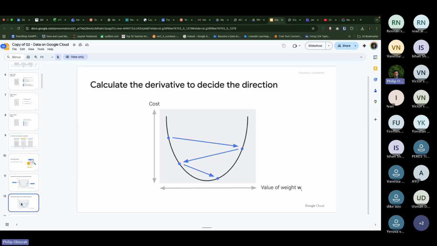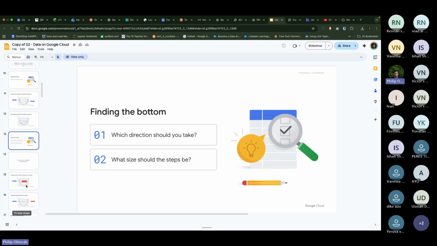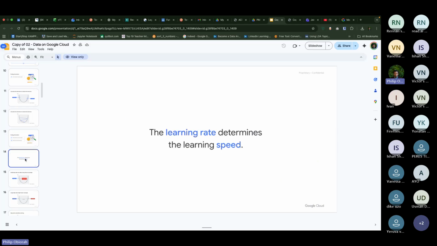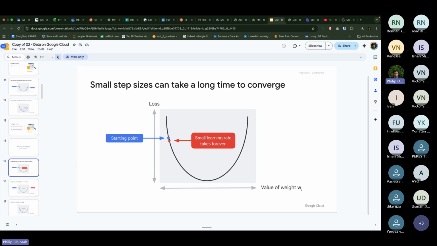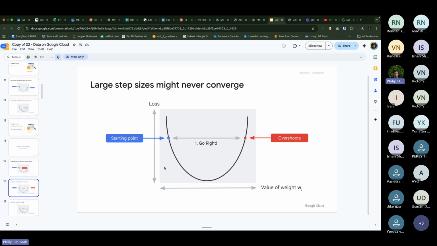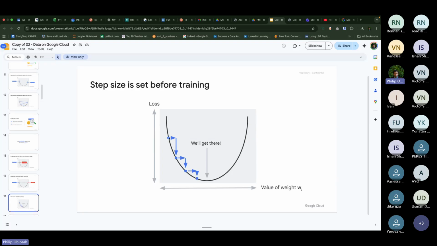But if we have smaller steps, so we're talking about which direction we should take, a good learning rate determines the learning speed. Starting from a point, the learning rate takes over. It can jump to this point and overshoot. But if we have a smaller step, we can go down a little bit, a little bit, and then get to this optimal point here.